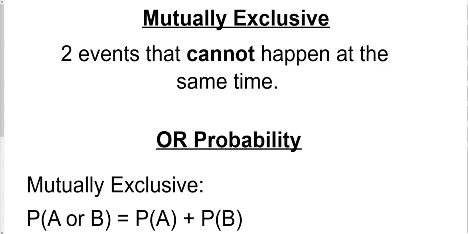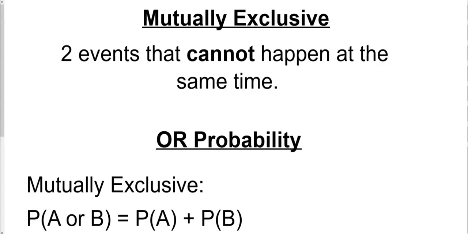So that breaks the idea of mutually exclusive because I can have a 7 and a red card at the same time. You've got the 7 of hearts, the 7 of diamonds. So that's what it means to be mutually exclusive. They cannot happen at the same time. If the events can happen at the same time, then they are not mutually exclusive.